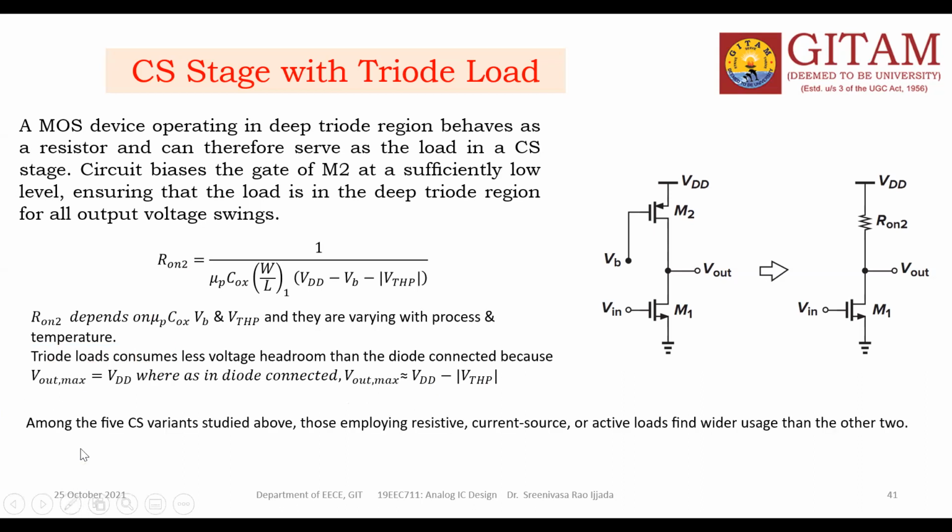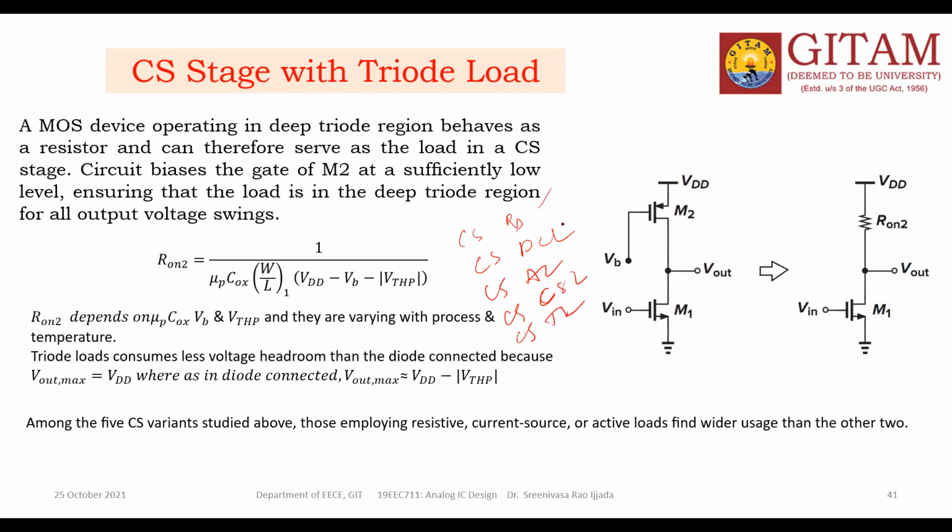Among the 5 CS variants studied above, what are the 5 variants? One is the CS with RD, CS with diode connected load, and CS with active load, CS with current source load, and CS with triode load. Five different circuits.